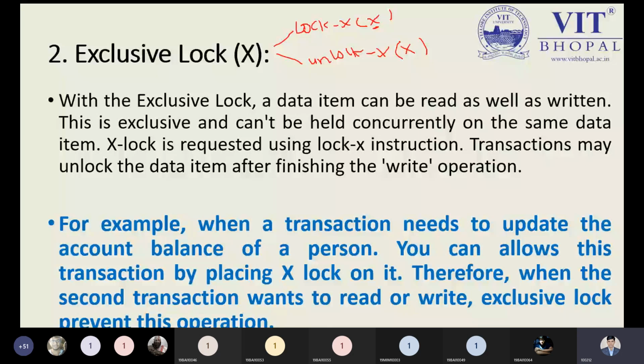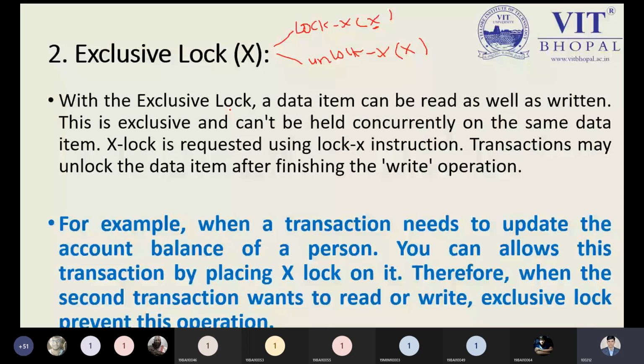So with the exclusive lock, let us understand what you can do. The data item can be read as well as written. So two operations can be performed with this, but in the shared mode we can use only a single operation, that is the read operation. This exclusive lock can't be held concurrently on the same data item.